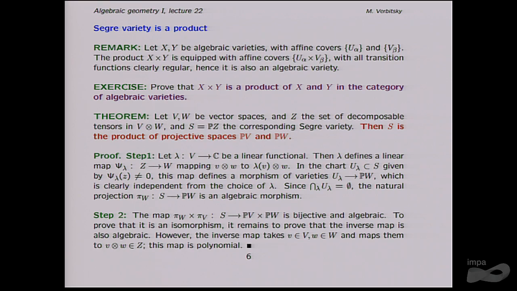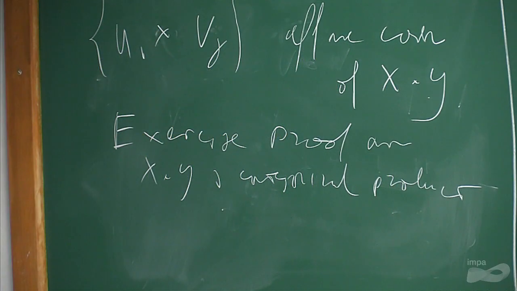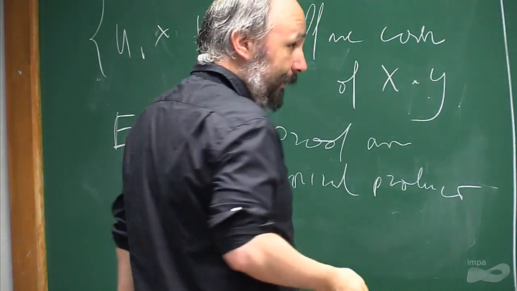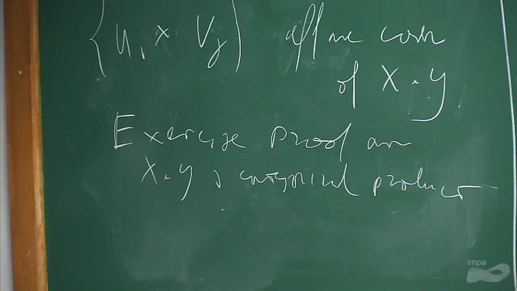Conversely, if you have a map from Z to X and from Z to Y, you take the map from Z to the product and you check that it is an algebraic map by looking in charts, because an algebraic map is just a map represented by regular functions in local charts. But you have it already in local charts, because you know that it is a product for affine varieties.